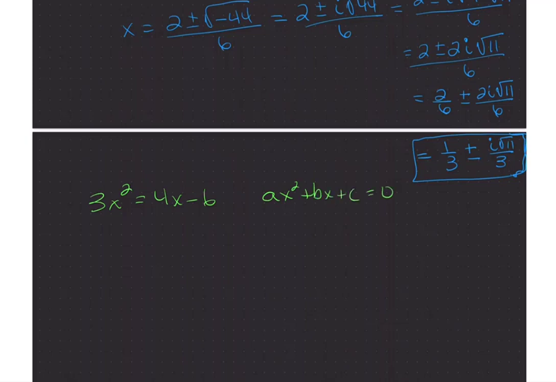So we just got to move everything over to the left, right? So you would have 3x squared minus 4x plus 6 equals 0. And then now you know your a, your b, and your c in order to put it into your quadratic formula.